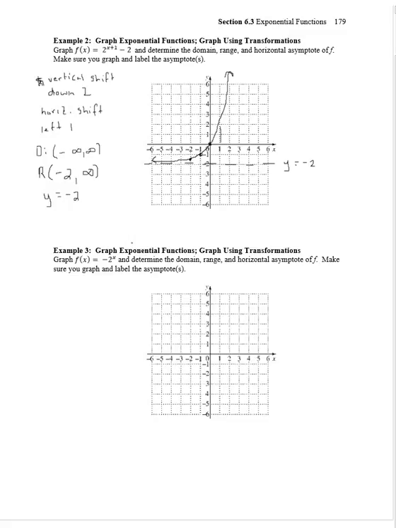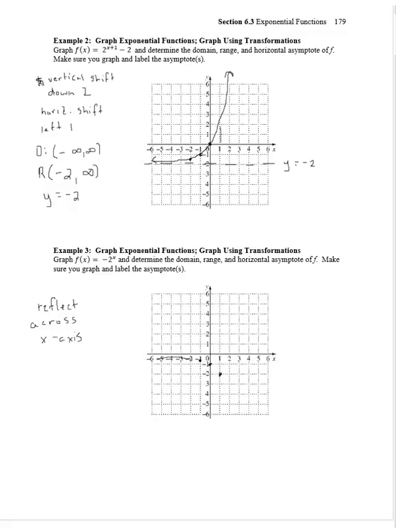Okay, so what about this next one? -2 to the x. Well, the negative in front of the 2 means we reflect across the x-axis. So, our point -1, 1/2 becomes -1, -1/2. Our point 0, 1 becomes 0, -1. And 1, 2 becomes 1, -2.